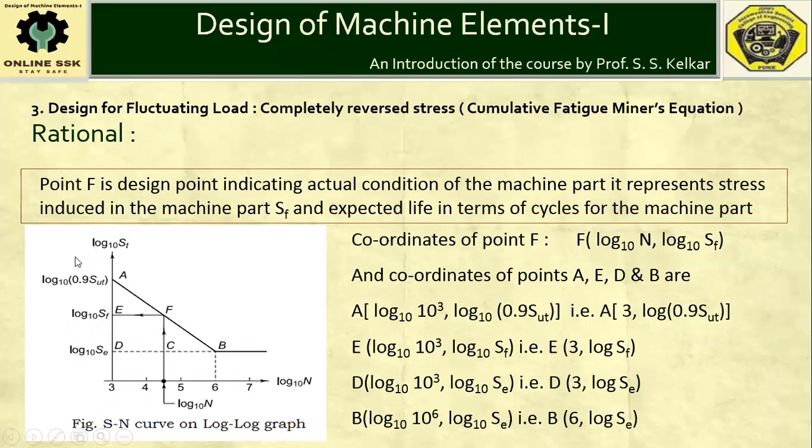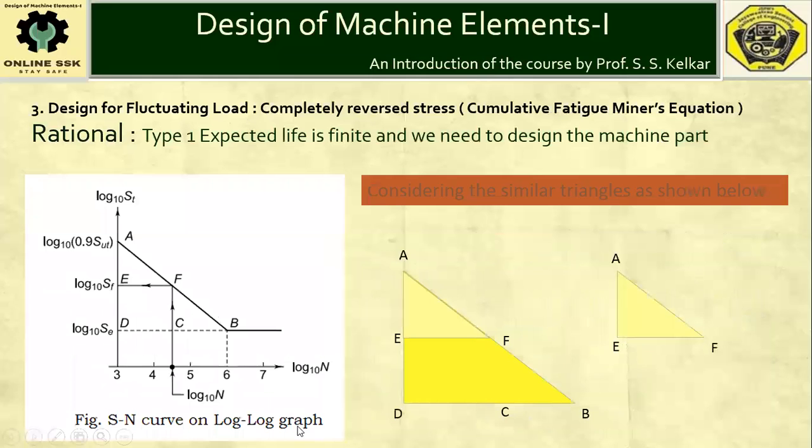Just to recall, while calculating the number of cycles, if the applied load and hence induced completely reverse stress is known to us, then one can use the SN part of the SN curve, and the similar triangles ADB and AEF.